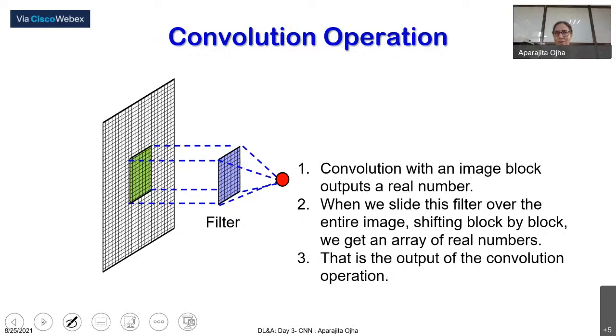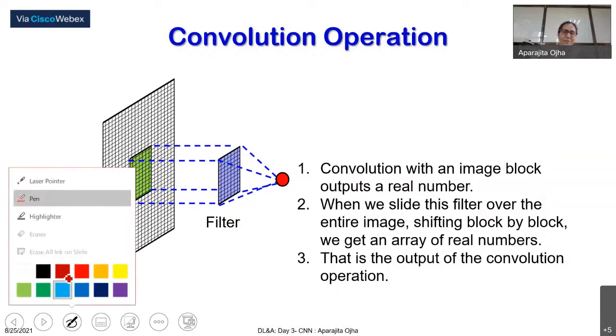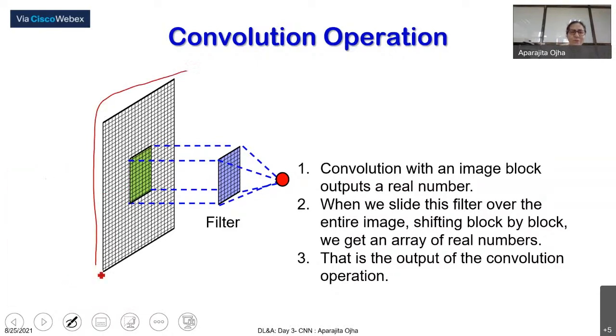So let us try to understand what exactly the convolution operation is. Think of an image. Here, this is an image which I have plotted. Suppose this is an image and this is a small block of the image, a very small block. It can be 3 cross 3, 5 cross 5.